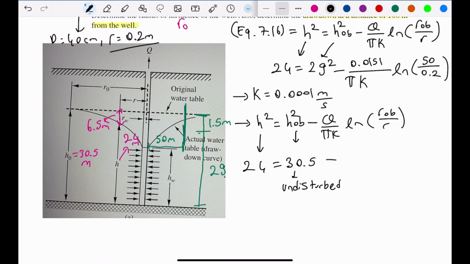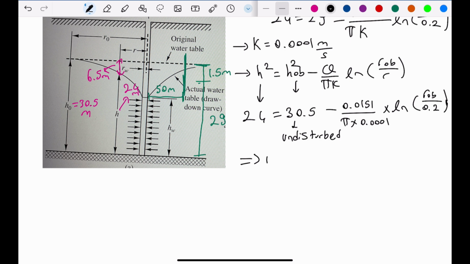So minus 0.0151 over pi times 0.0001, which is K, times ln radius of influence over radius of the well.